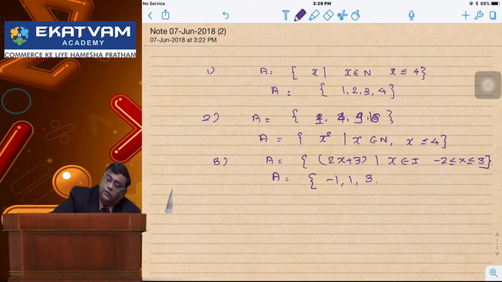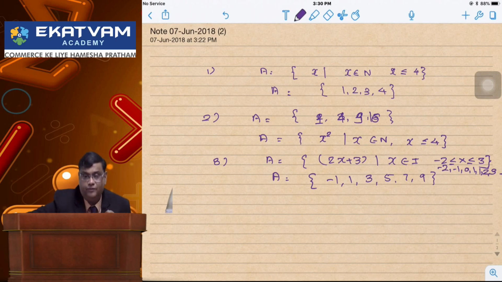When you put 0, you will get 3. When you put 1, you will get 5. When you put 2, you will get 7. And when you put 3, you are going to get 9. Check. I'm just putting x equal to -2, -1, 0, 1, 2 and 3. These values have been put, and then you get what you want.